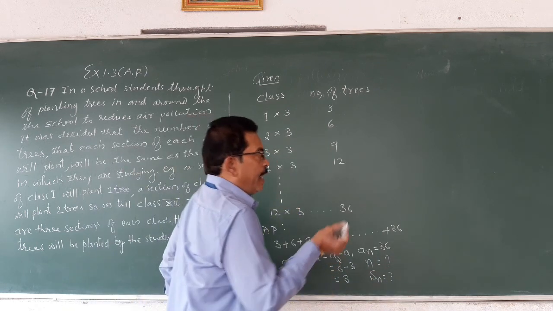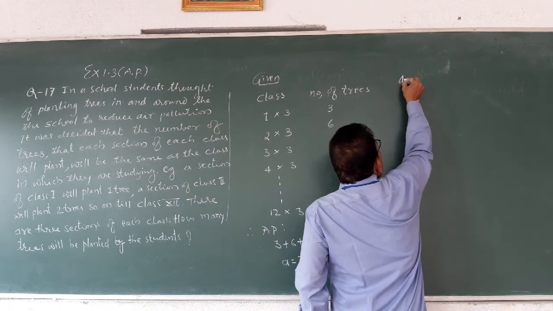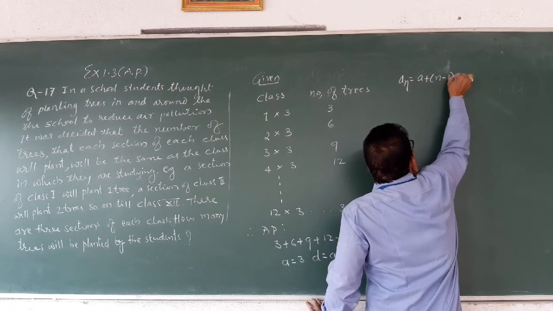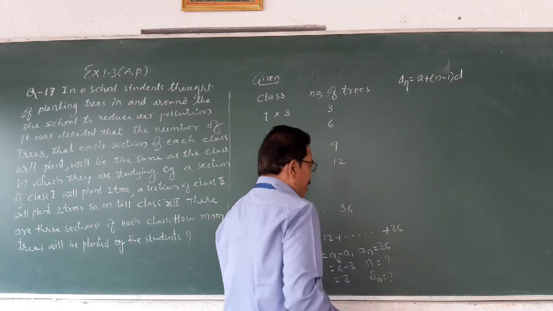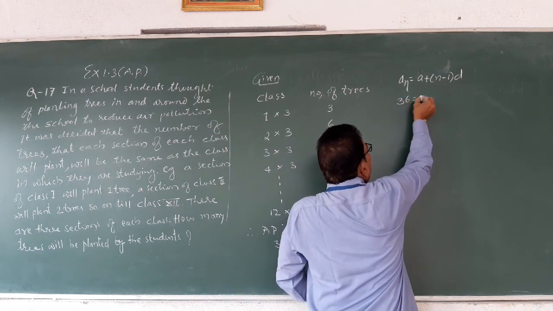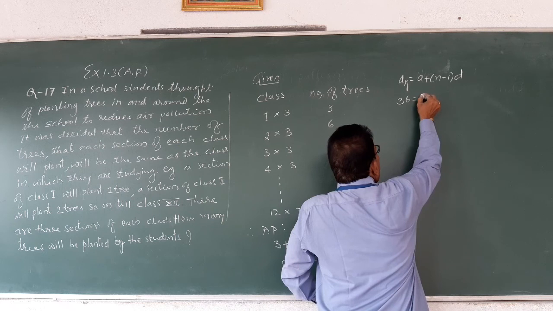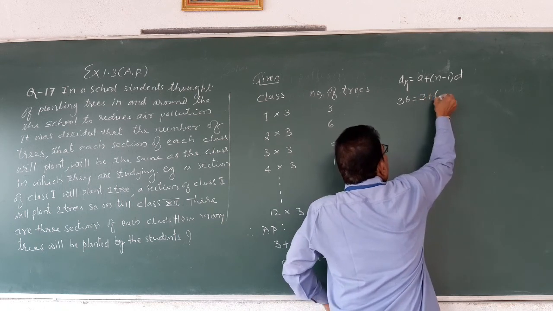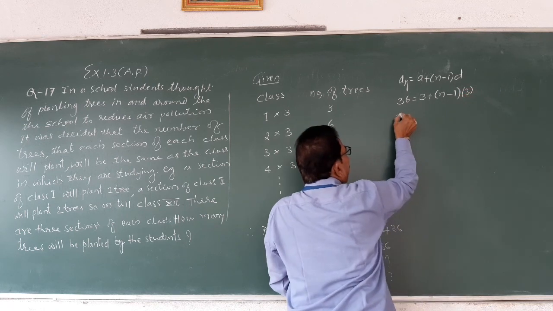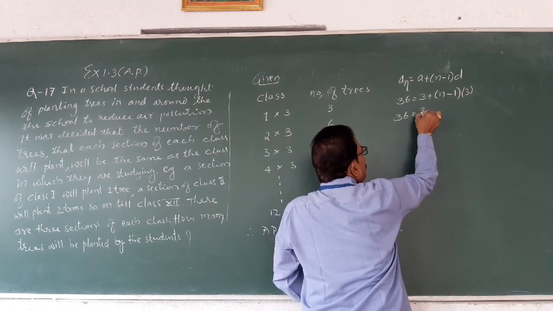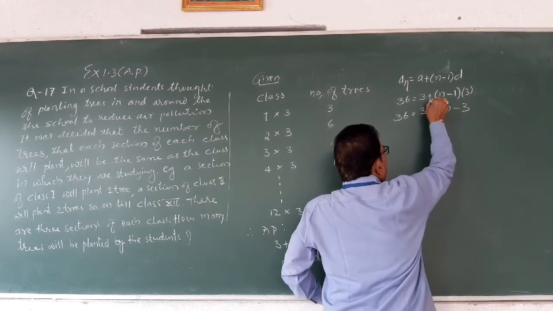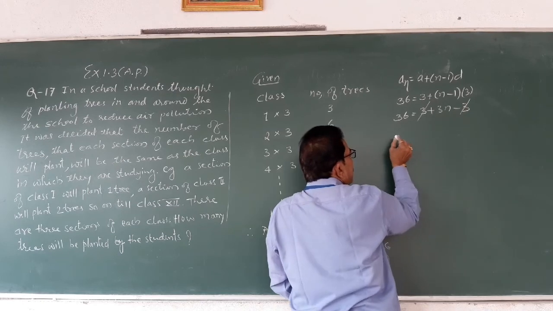So, An equals A plus (n minus 1) into d. An is given, the last term 36, equals A, that is 3, plus (n minus 1) into d, that is 3. 36 equals 3 plus 3n minus 3; the 3 minus 3 cancels.